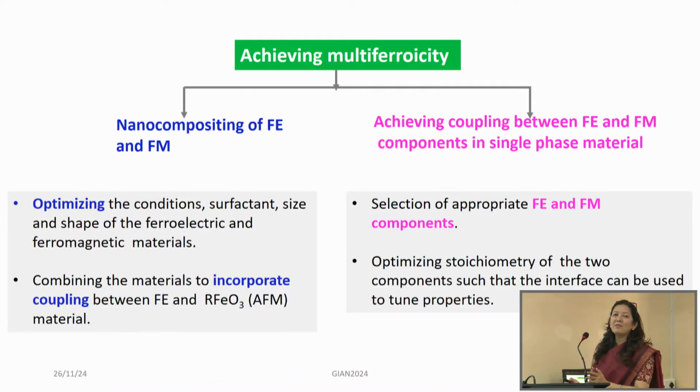So what are the ways to achieve multiferroicity? One way is to find materials like bismuth ferrite by understanding the structure, and in a single phase try to achieve multiferroicity, or we combine two materials and then find a way around, right? I will discuss both cases very briefly.